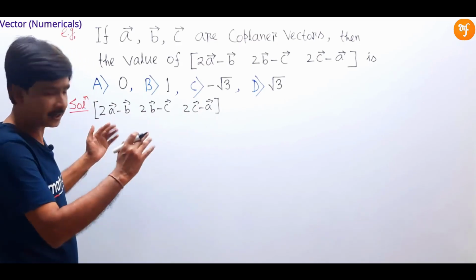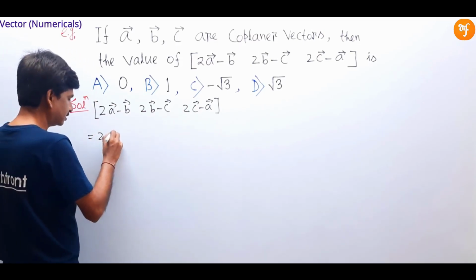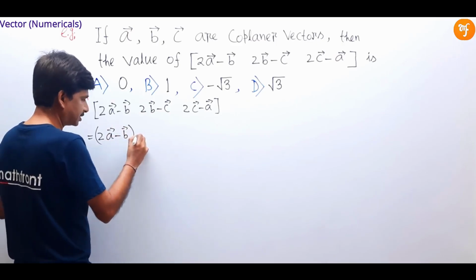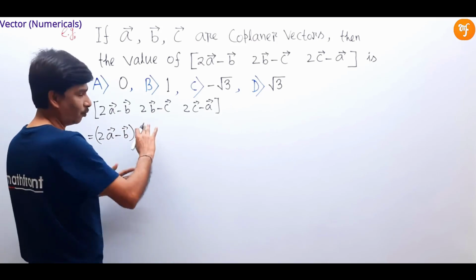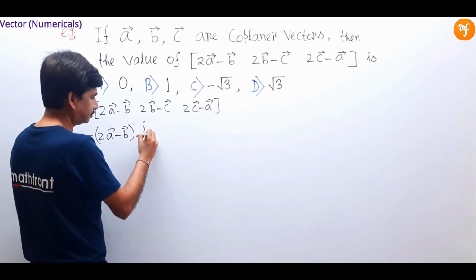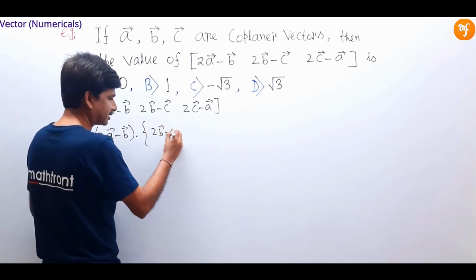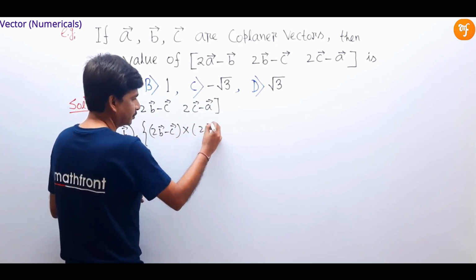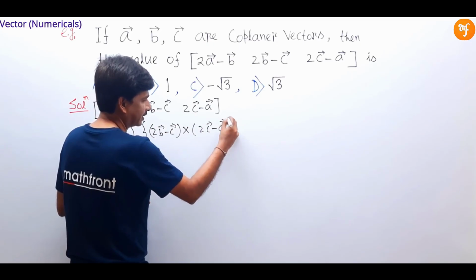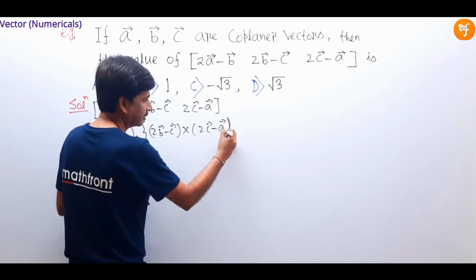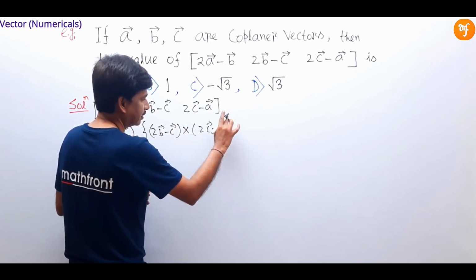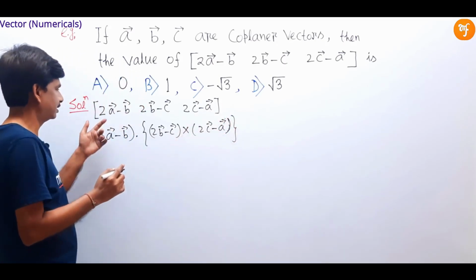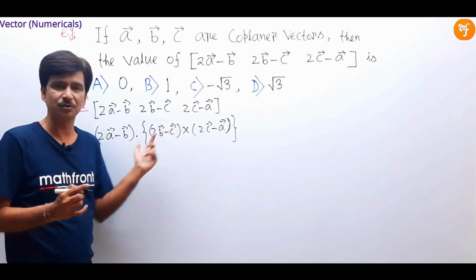So if we want to open it, then this is 2a minus b vector, that is x vector, dot y cross z, that is 2b minus c vector cross 2c minus a vector. Okay, clear? So this is box of 2a minus b, 2b minus c, 2c minus a.